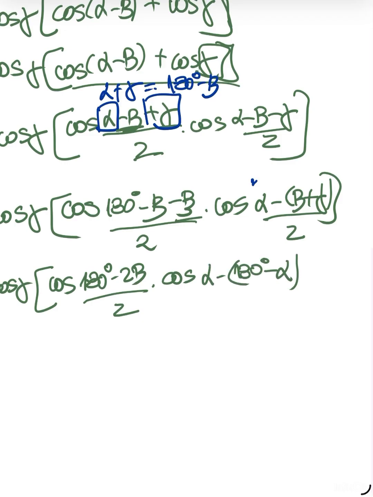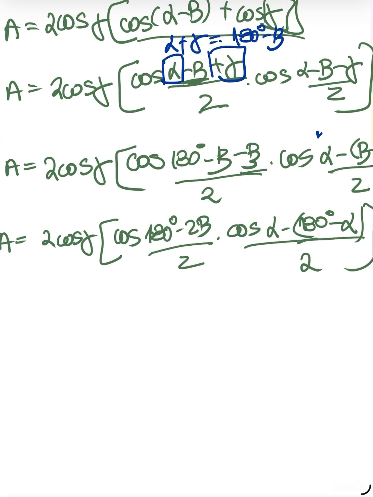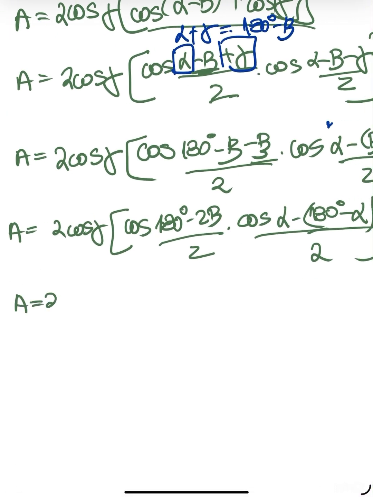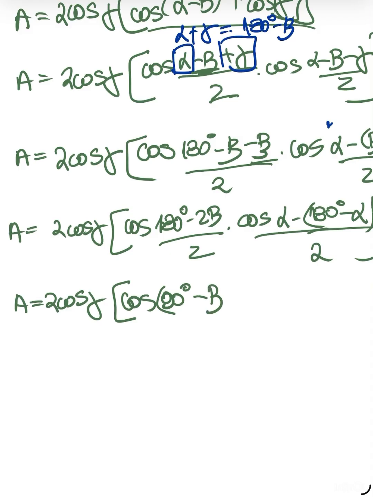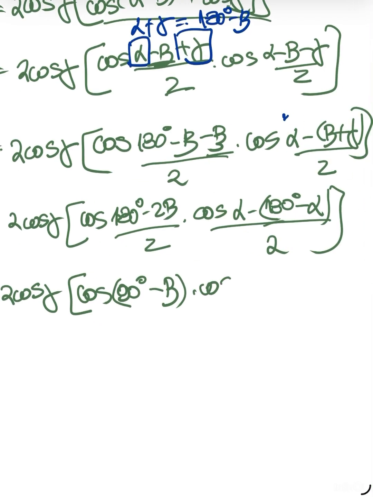Yeah, because beta plus gamma is equal to 180 degrees minus alpha. We divide by 2, and A is equal to 2 times cosine gamma times cosine of 180 divided by 2, which is 90 degrees, and minus 2 beta divided by 2 is minus beta, and times cosine of 2 alpha minus 180 degrees divided by 2.